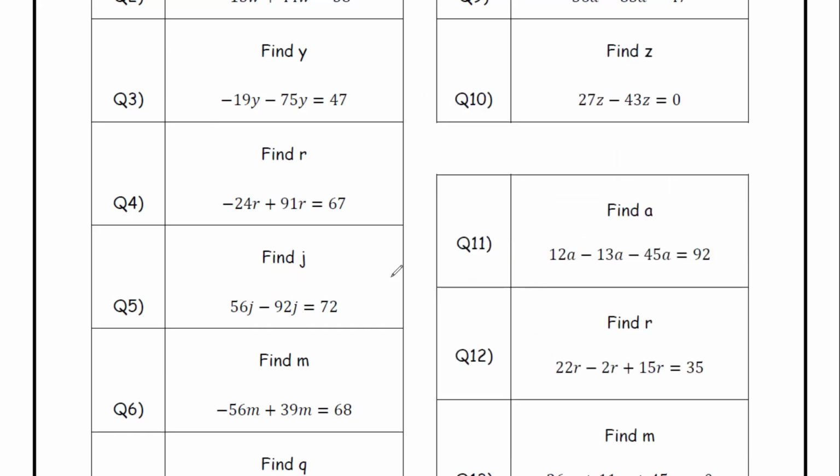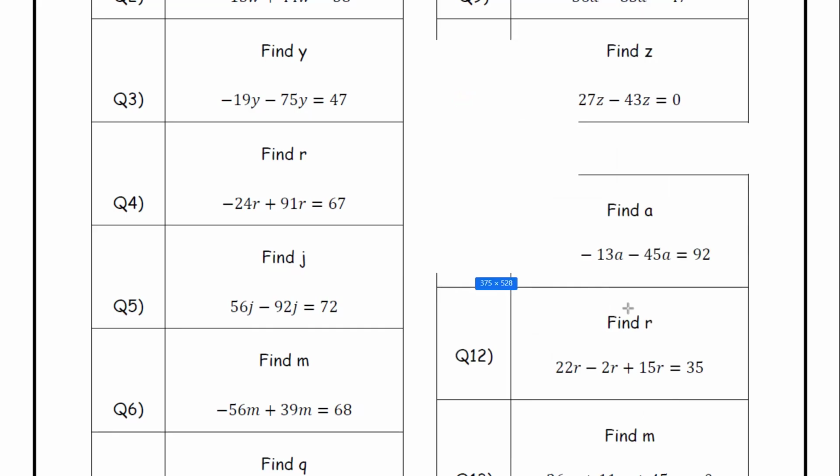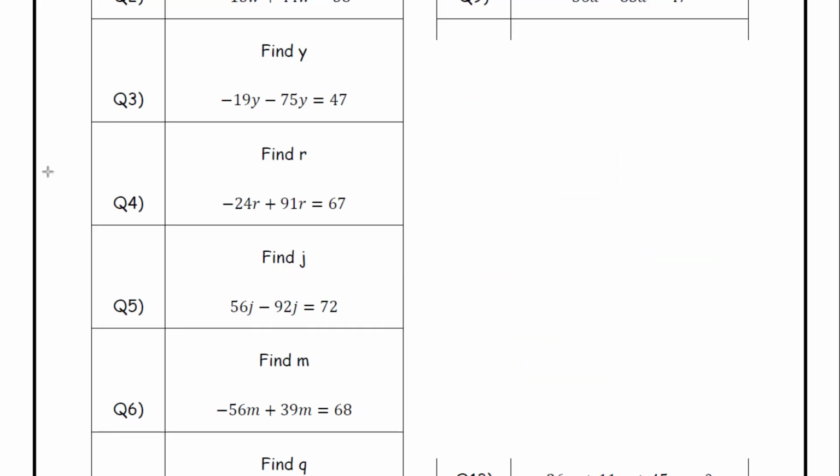Question number 4. Find r. Negative 24r plus 91r is equal to 67. So what is 91 and 24 when subtracted?